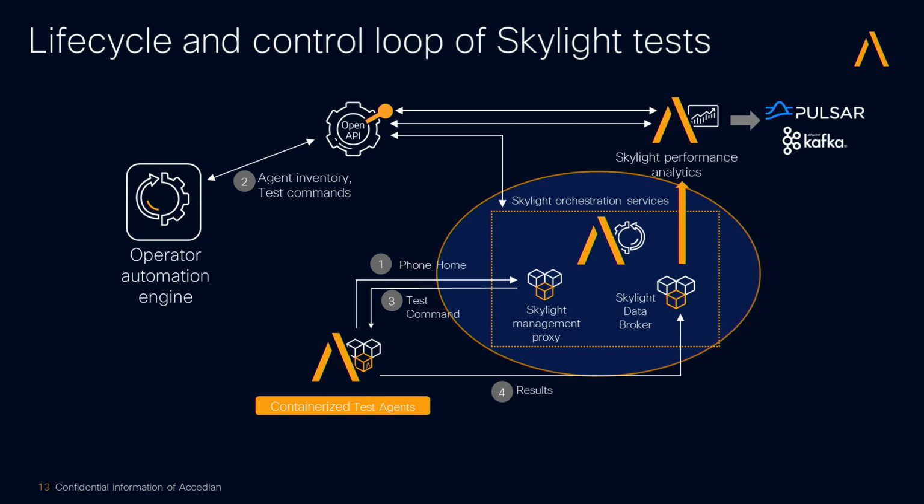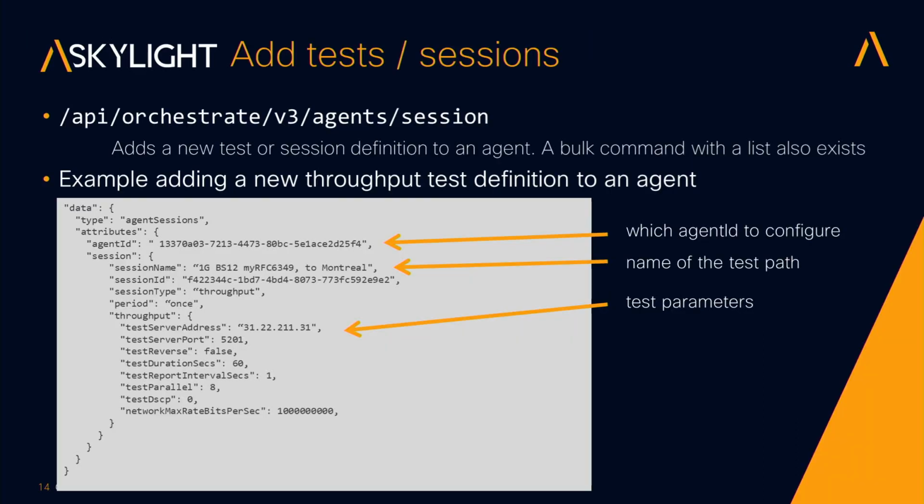Talking about the orchestration layer, this is where we have APIs and the control of the test functions. An example here shows a JSON of how to set up a throughput test using the API. We traditionally expose RESTful APIs, but together with Cisco, we have now also developed a RESTconf API so that we could more easily interact with NSOs.